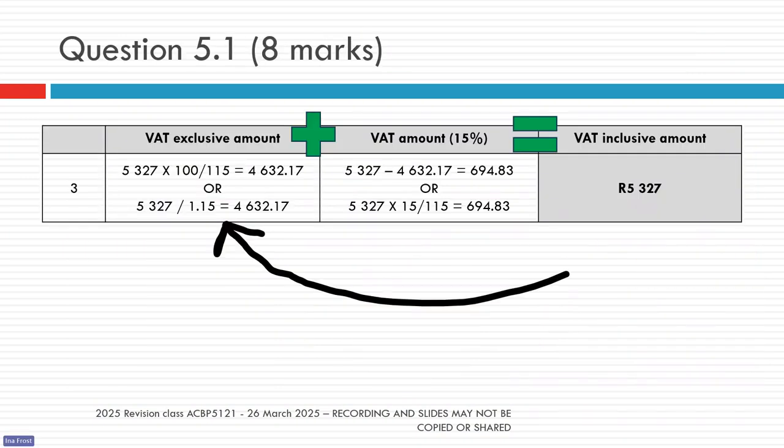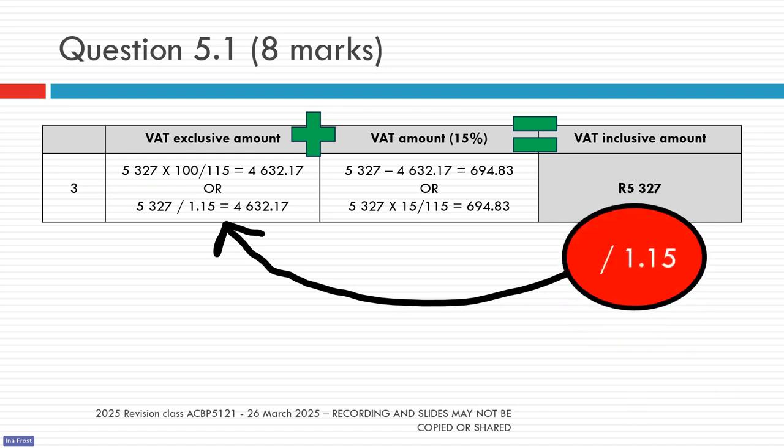Then I'm just first going to jump to number 3 for the moment. So here we go. In number 3, we gave the student the VAT inclusive amount, and they had to work backwards. So here they had to find the VAT exclusive amount, and also the VAT amount.